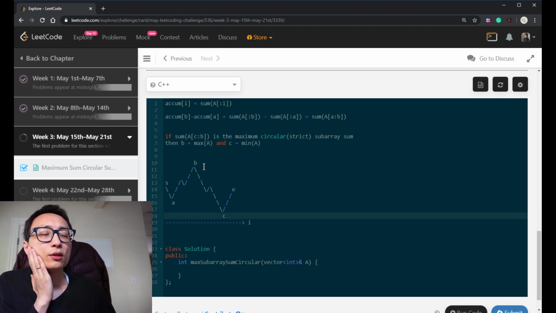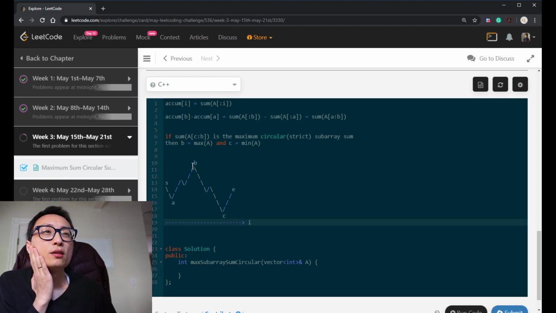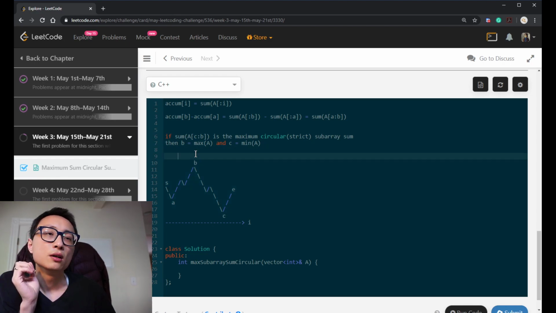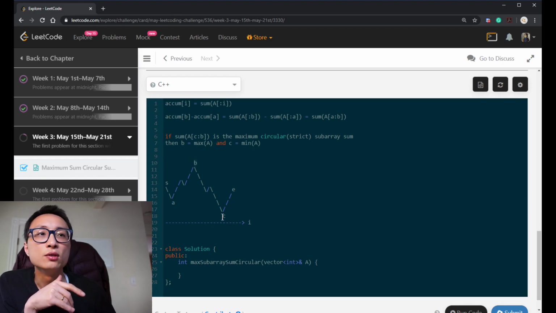It's similar reasoning. And since this is the global maximum and this is the global minimum, this downward part here is basically the minimum subarray sum. So we can just modify the Kadane algorithm to find this B to C, and have the total summing everything up, which is S to B, B to C, C to E, and subtract the minimum subarray sum.